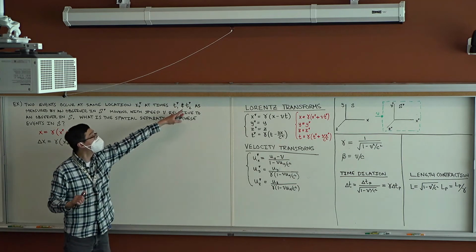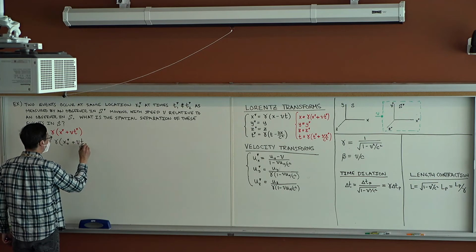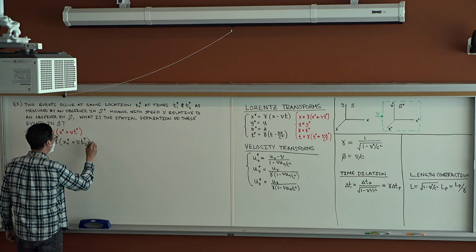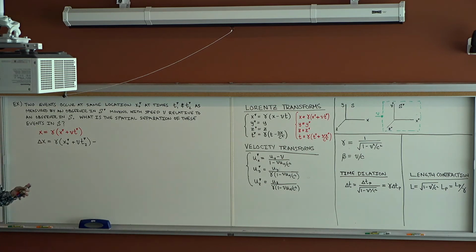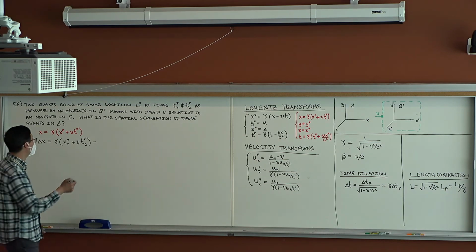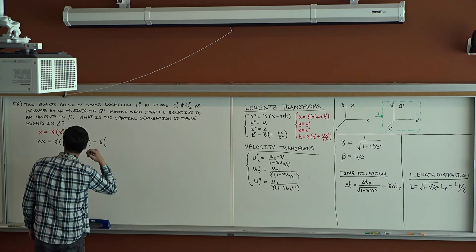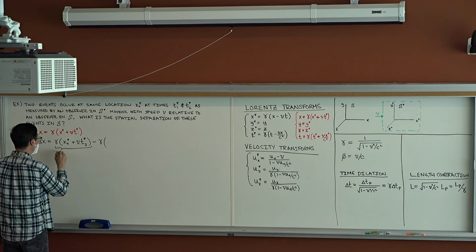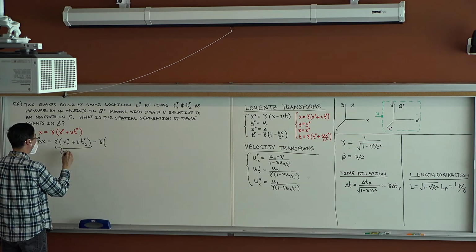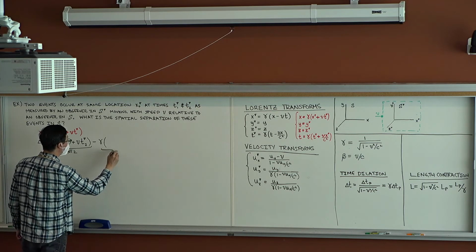It happened at t2 prime. So delta anything is the later minus the earlier. And so now let's do this again, but for event 1. This is for event 2. So now let's do the same thing, but for event 1.